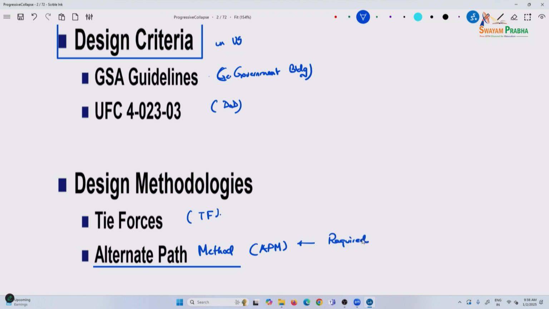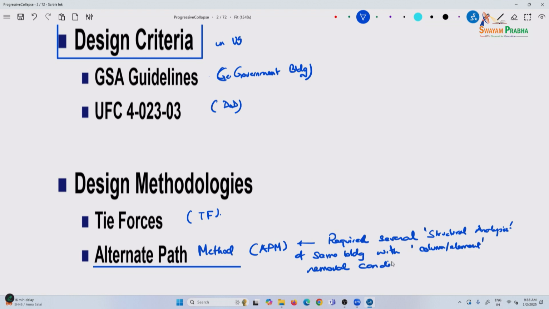The APM method requires several structural analyses of the same building with what we call column or element removal conditions. We remove certain elements and allow the load to flow from one path to another.